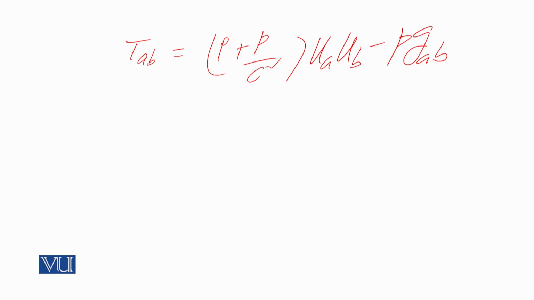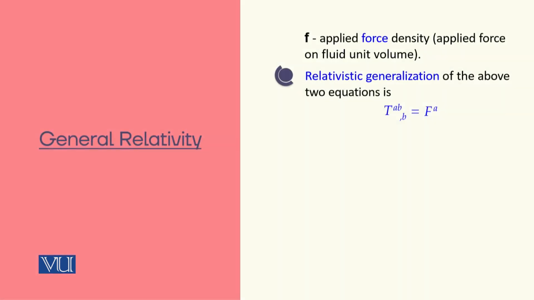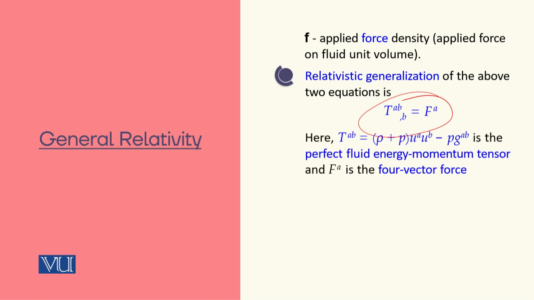So, if we use this expression, we can write the relativistic generalization of the two equations in this form. Obviously, this F A is the 4-vector force, and this is the energy-momentum tensor for the perfect fluid. Here, comma means ordinary derivative. In some cases, for example, in gravitational units, we also take c equal to 1.